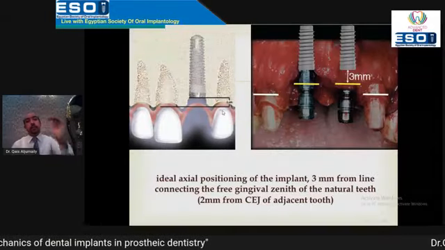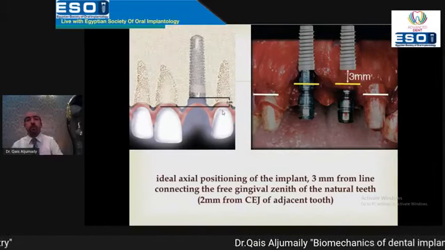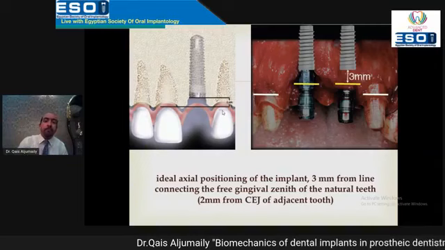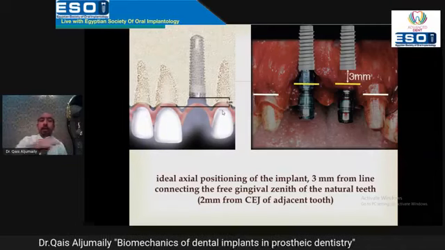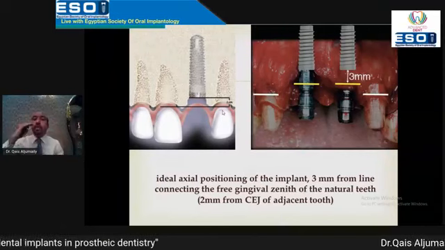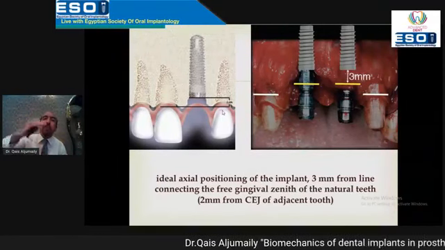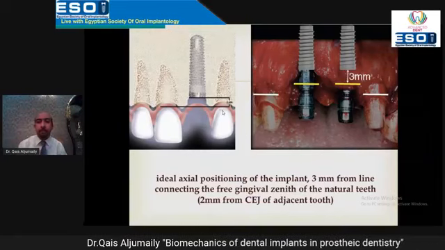The zenith is the most apical part of the gingival margin of the adjacent tooth crown. So we draw a line between the zeniths of the adjacent teeth, and we try to put our dental implant head about 3 millimeters apical to this.